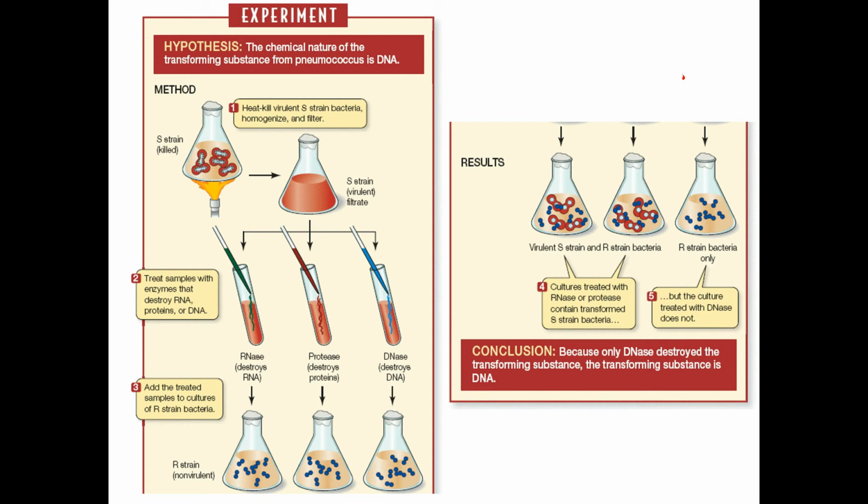Alright, so here, you take your S strain, and you expose it to high heat. So then you have these bacteria that have lysed, and so then you homogenize them. So you put them in a blender, you make sure that your sample is completely homogeneous. You mix it up.